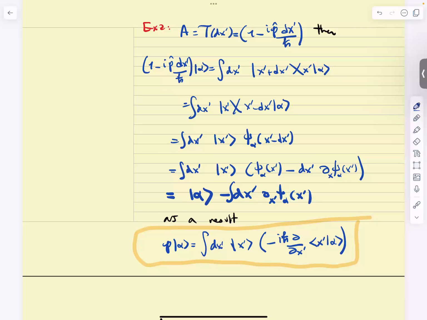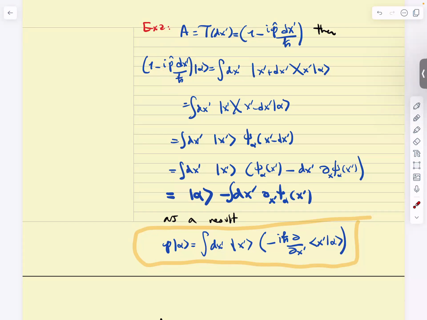Psi alpha of x prime, by now we've written it several times, is just the bracket of x prime and alpha. You get a resolution of identity, you just remove it. So now you have alpha on the left-hand side, 1 times alpha, and alpha on the right-hand side, and you cancel them out. You have the action of p hat on alpha with a bunch of stuff equal to the right-hand side.